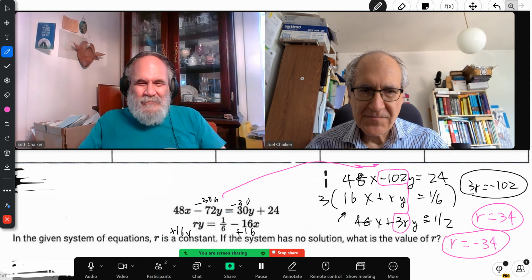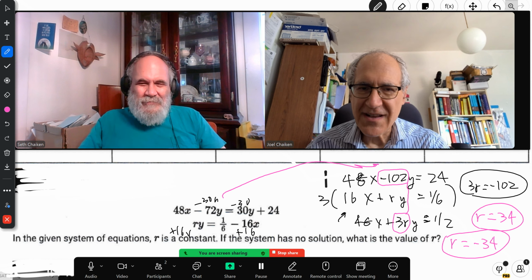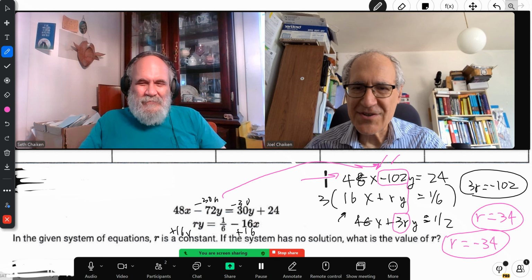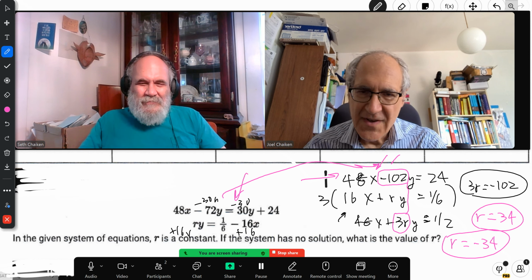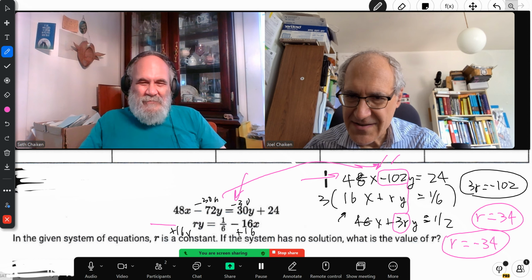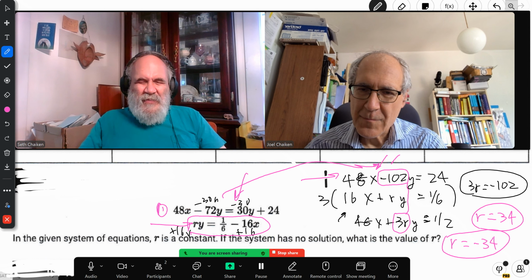So I don't know. I didn't mind moving everything over. I basically wanted to get everything in this form that I'm familiar with, as opposed to bringing it into a form not as familiar, which is the form they gave. So you would have suggested to use this as the template and turn equation 1 into it, because the term with r is all by itself on one side.